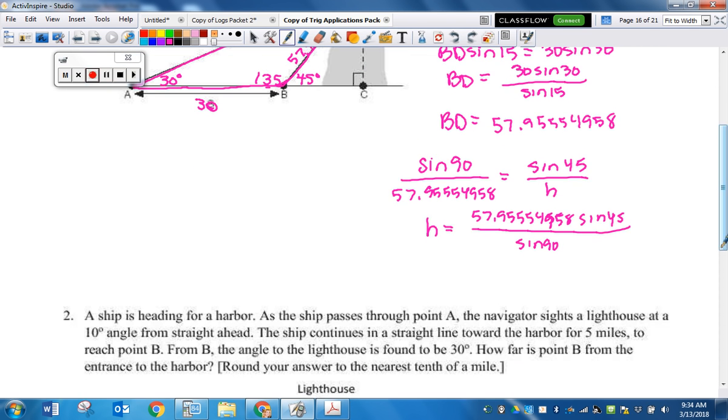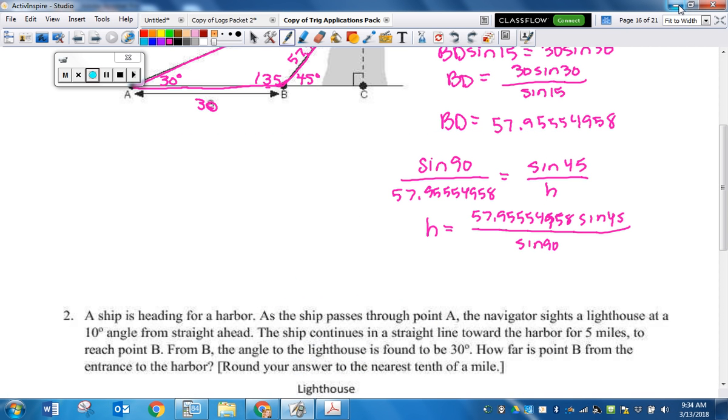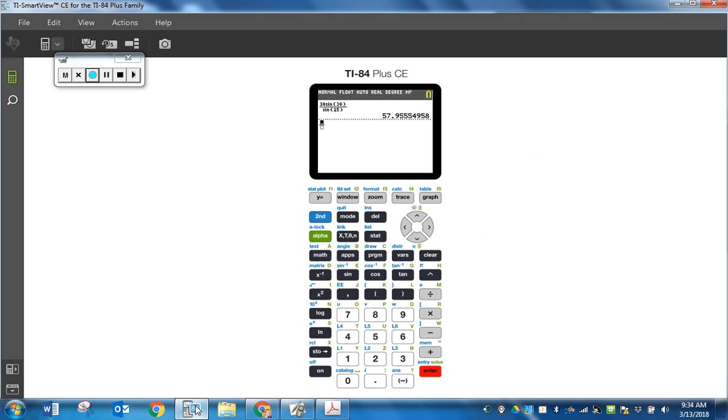So if I go to my calculator on this one, I've got my decimal, right? Decimal times sine 45. Okay, so this decimal that I have up here times sine 45 over sine of 90.